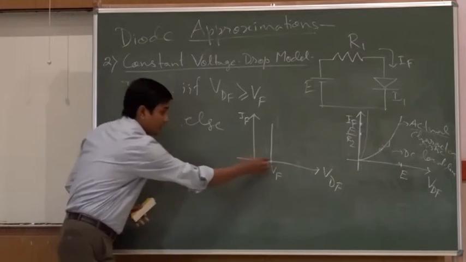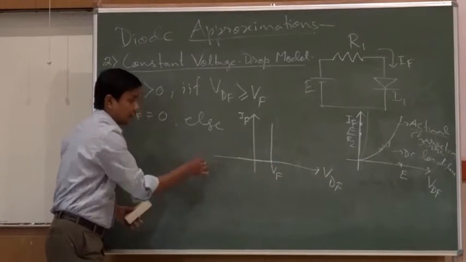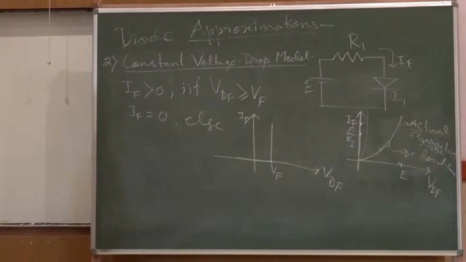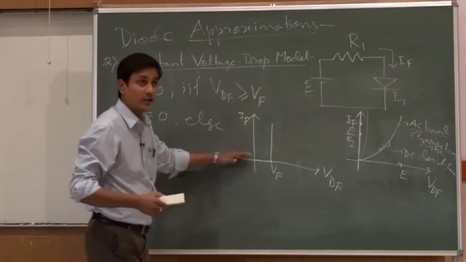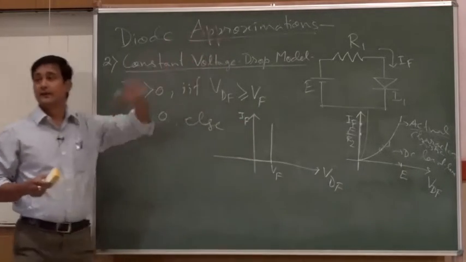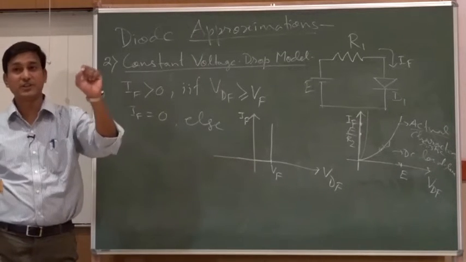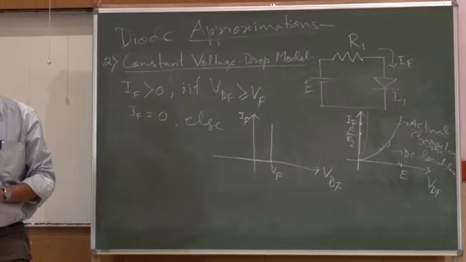So, if I consider the voltage is less than Vf, then current is 0. What is the difference of this model from the ideal model we considered earlier in terms of approximation of diode characteristics? I am telling.